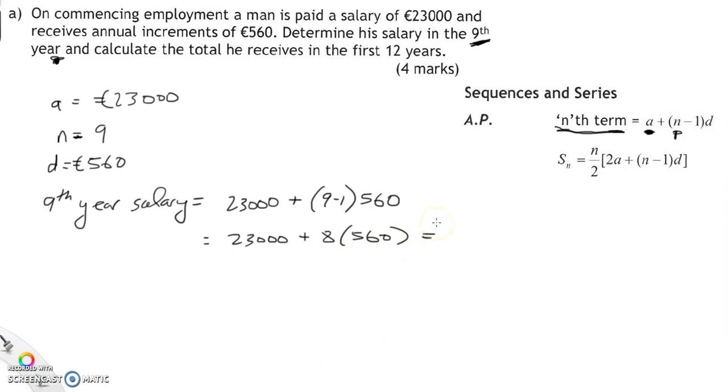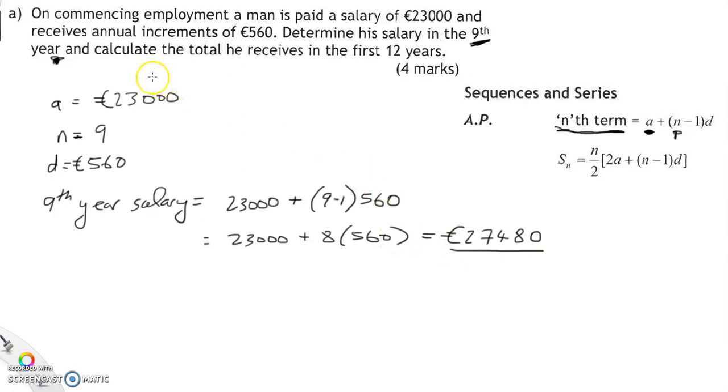You could have done that by adding up, going the long way around, but who wants to do it that way? Plus 8 multiplied by 560, and we get 27,480. And that is the salary in the 9th year.